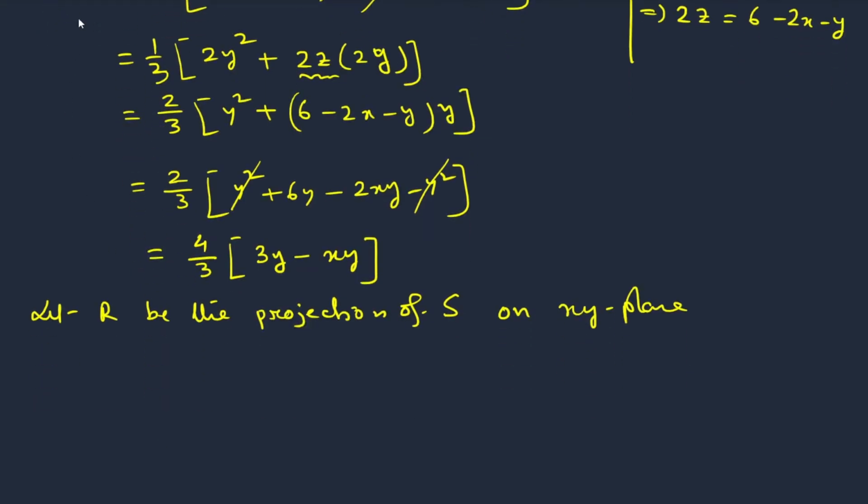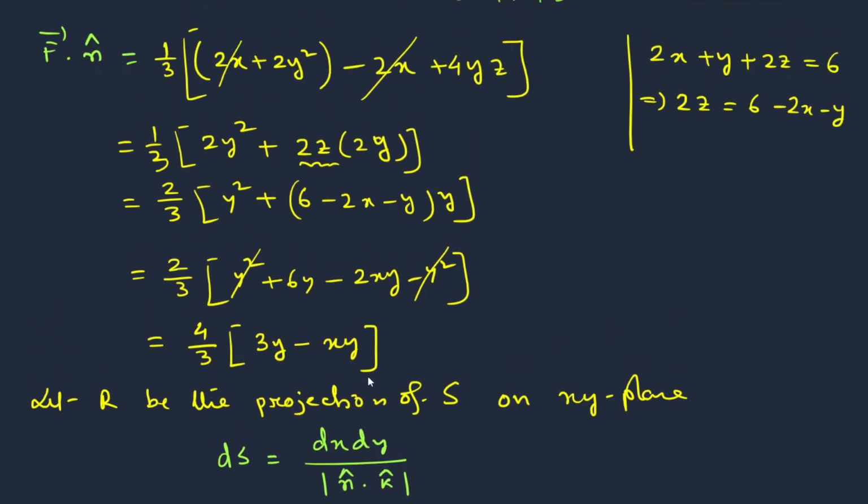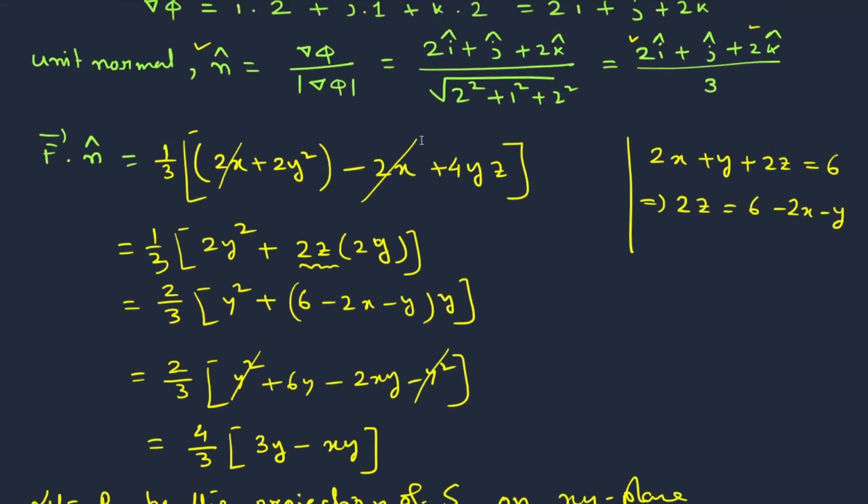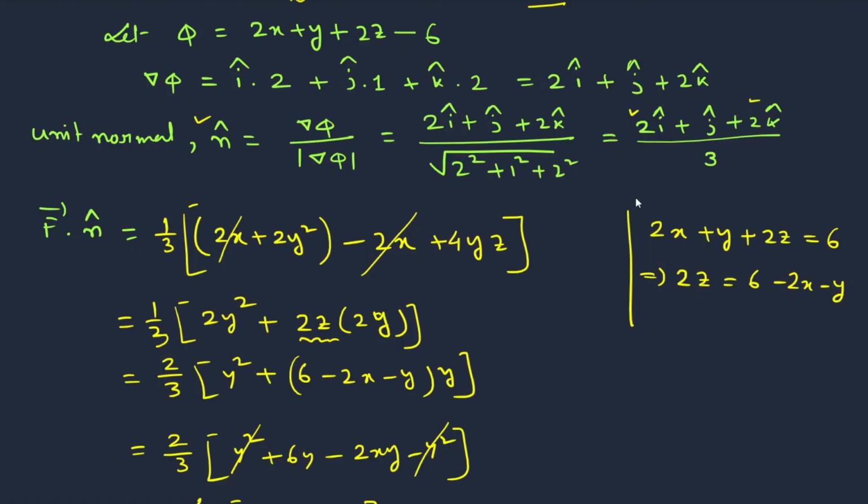Then ds we can write like this, ds equals dx into dy divided by modulus n cap dot k cap. Okay, so n cap is what? This is our n cap, right? 2 by 3 i cap, 1 by 3 j cap, again 2 by 3 k cap.